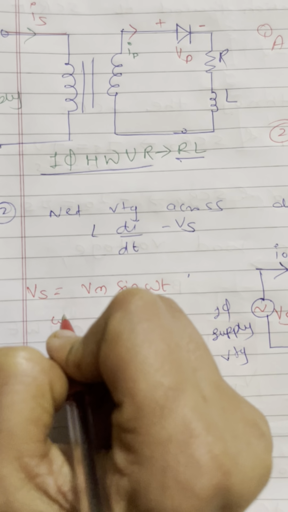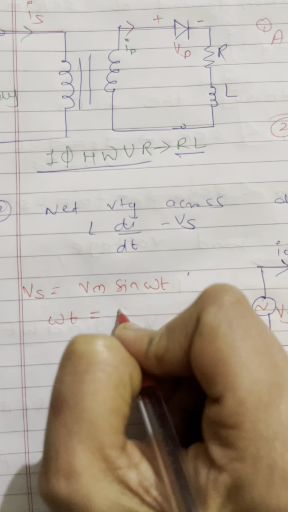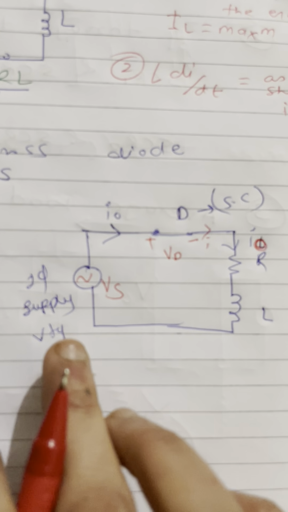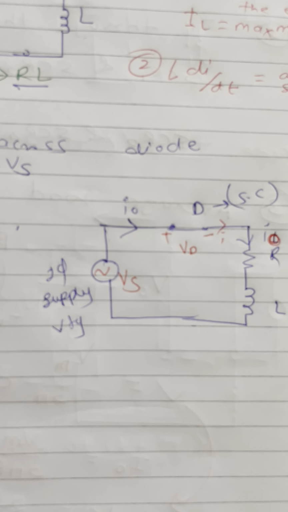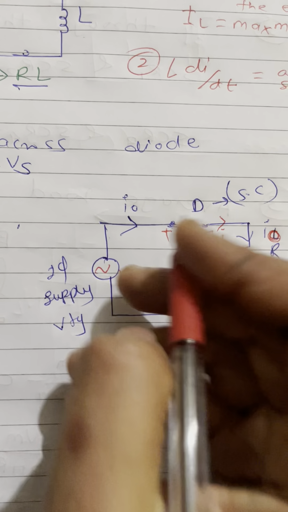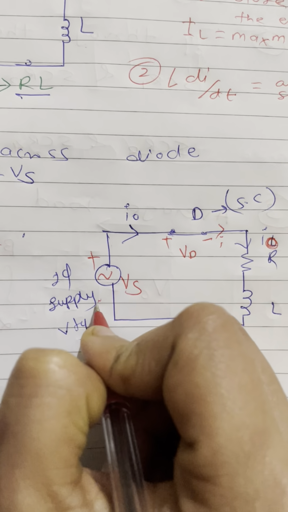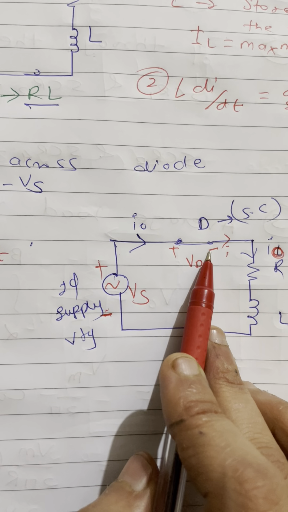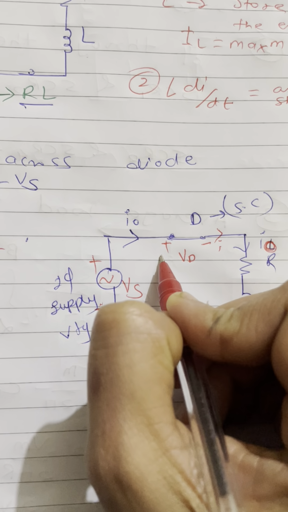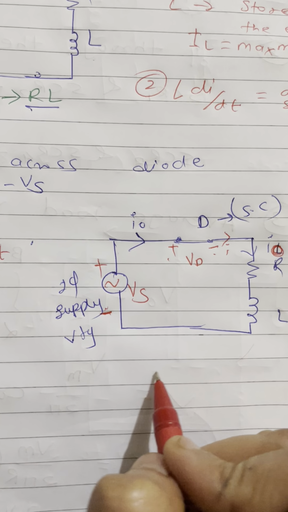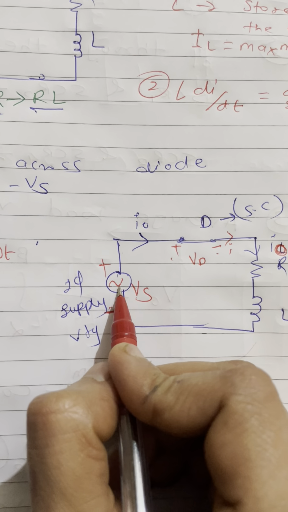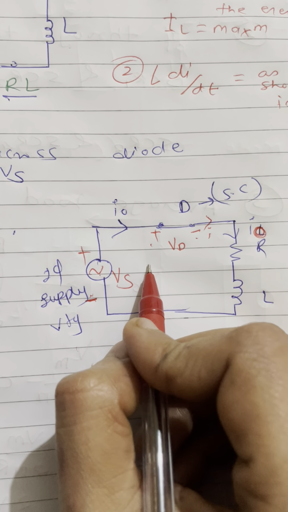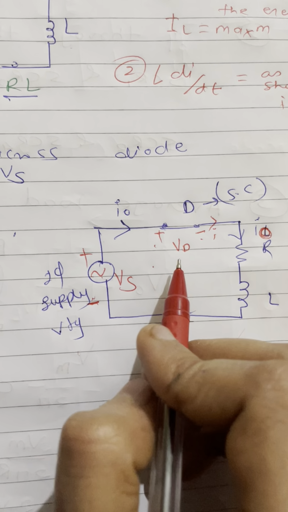Step 1: whenever omega t is from 0 to pi, the supply voltage Vs is at higher potential, that is, the positive and negative potential. The higher potential is connected to the diode anode, and the negative of the RL load goes to the negative terminal, and the diode is turned on and acts like a short circuit, that means forward bias.